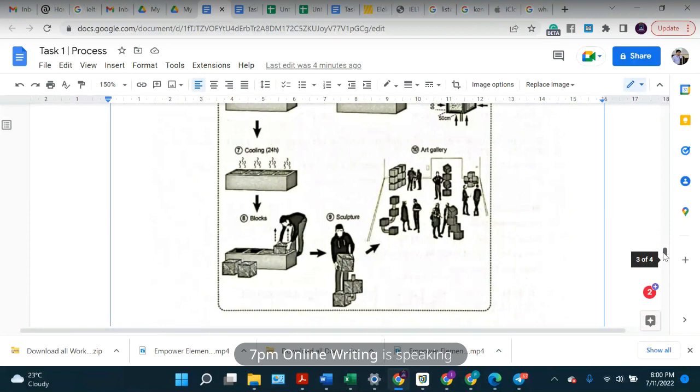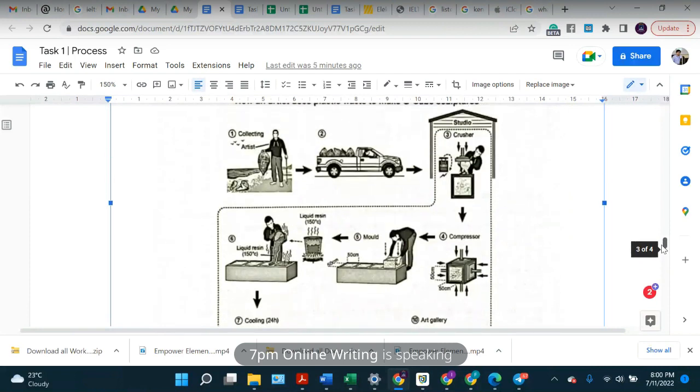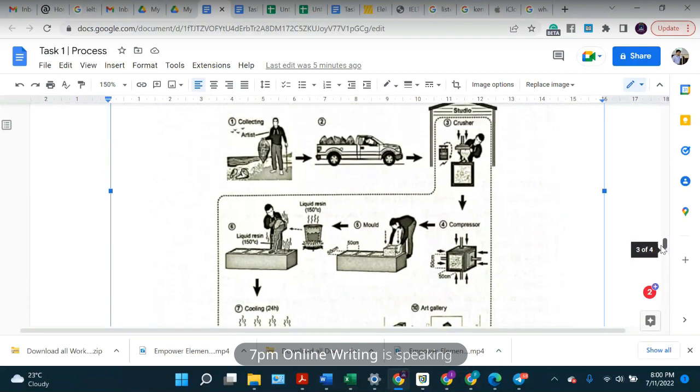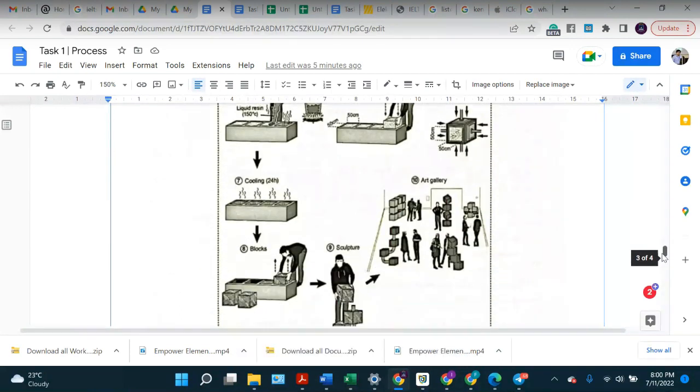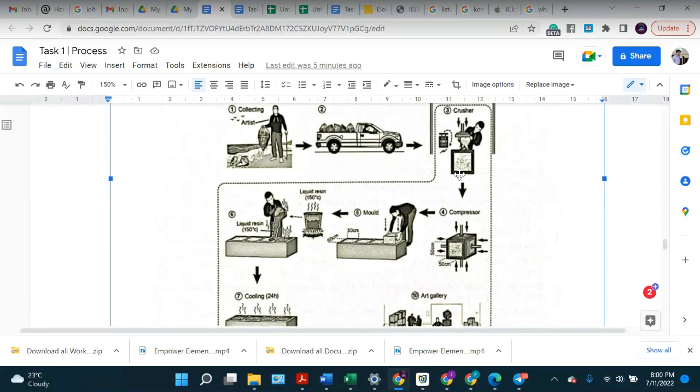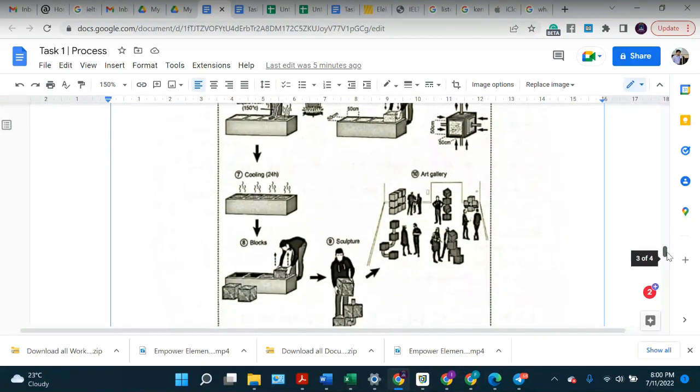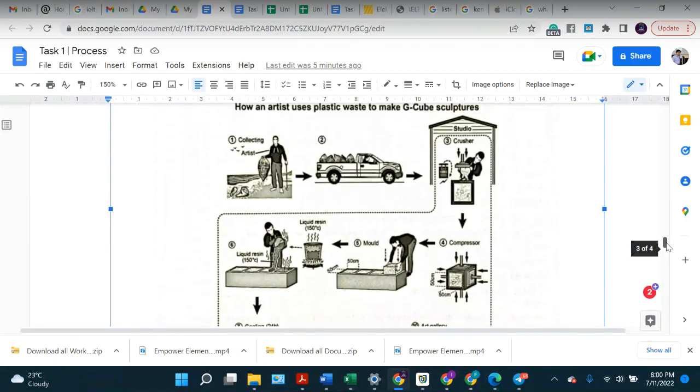Yeah, this is probably harder to group, I would say. The writing itself will not be that difficult, but grouping is a problem, because the first two steps are clearly separate from everything else.